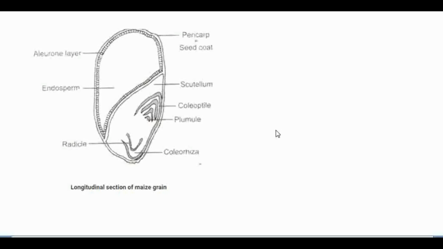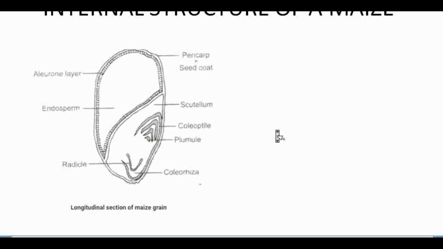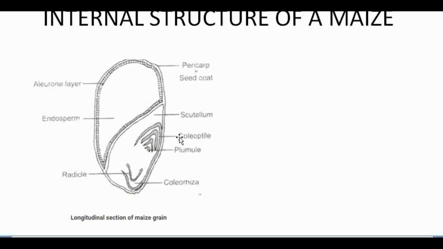So guys, this is the internal structure of a maize grain. Here you can see this outer protective structure is pericarp plus seed coat, which means fruit wall plus seed coat. As I told you, grain itself means the fruit wall and seed coat are fused together.